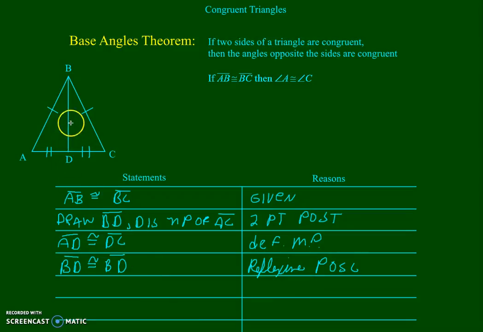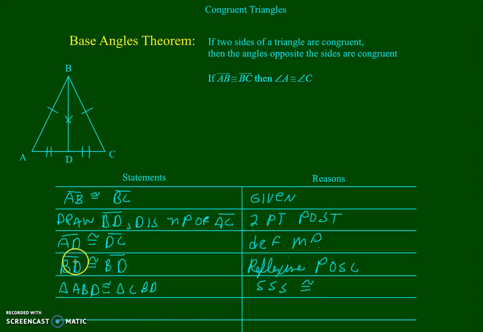And now, since this is congruent to itself, I know that these two triangles are congruent by side, side, side. So I can say triangle ABD is congruent to triangle CBD by side, side, side congruence.